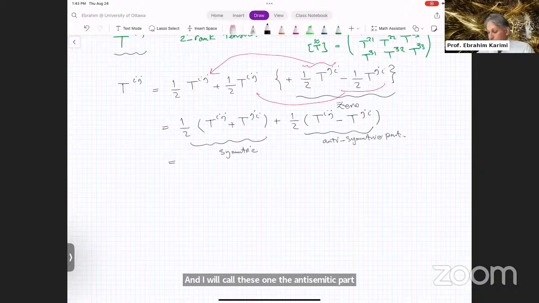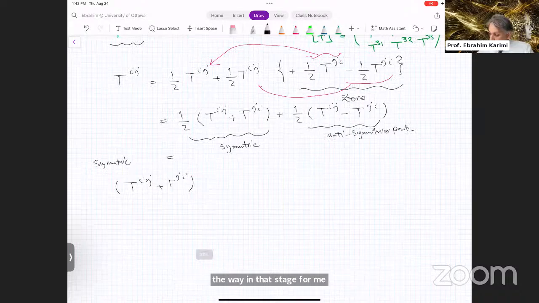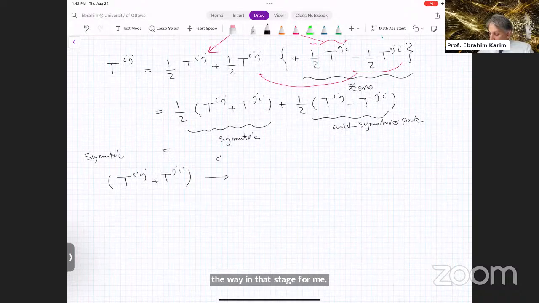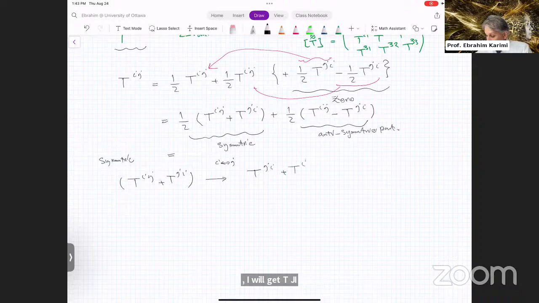What does it mean? If you take Tij, the symmetric part, plus Tji, 1/2. The coefficient is not important at this stage for me. If I change i to j and vice versa, then I get Tji plus Tij, which is identical to what I had previously.